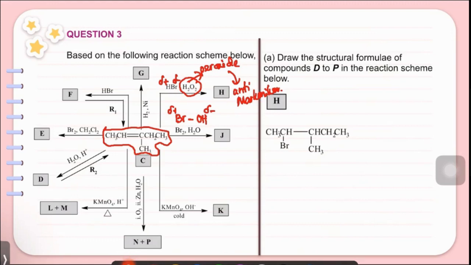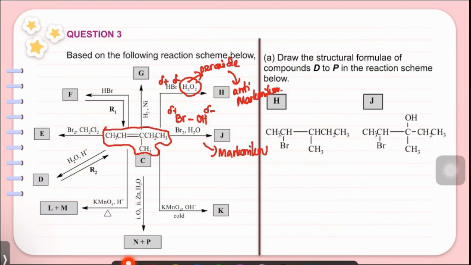So this one also follow Markovnikov, because alkene that we use is unsymmetrical. So suggestion for J is like this. OH will attach to the C that has a least number of hydrogen.